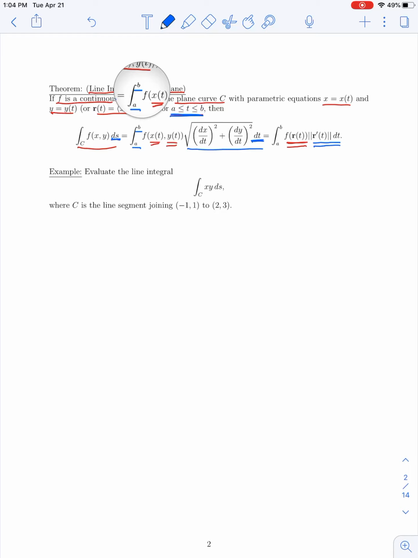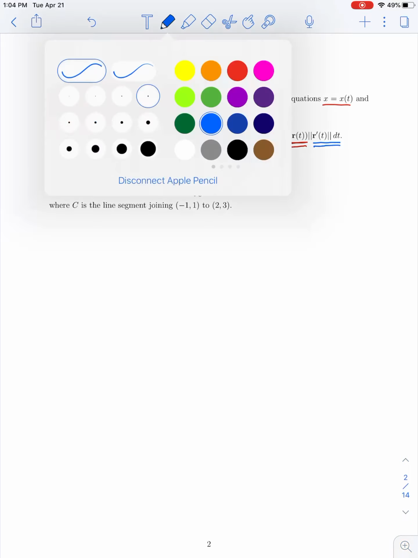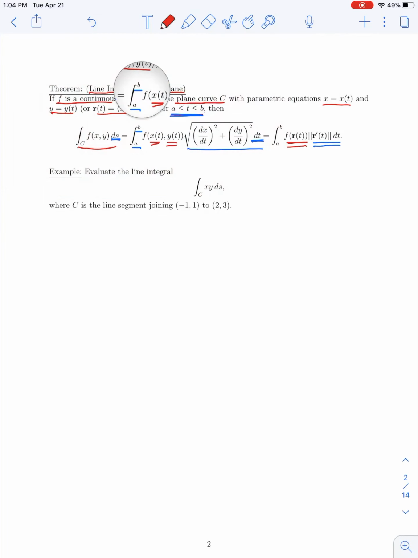So let's look at an example to see how we could make use of this theorem. In this next example, we are asked to evaluate the line integral of x times y with respect to s over the curve C, which we're told is the line segment connecting the point -1, 1 to the point 2, 3.